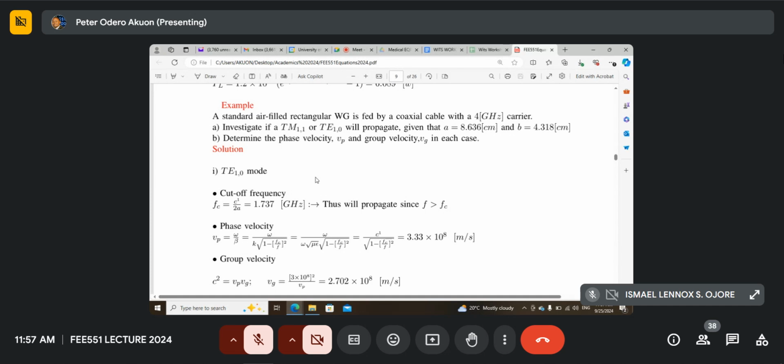What about a TM11? Can somebody calculate TM11 and tell us right now?